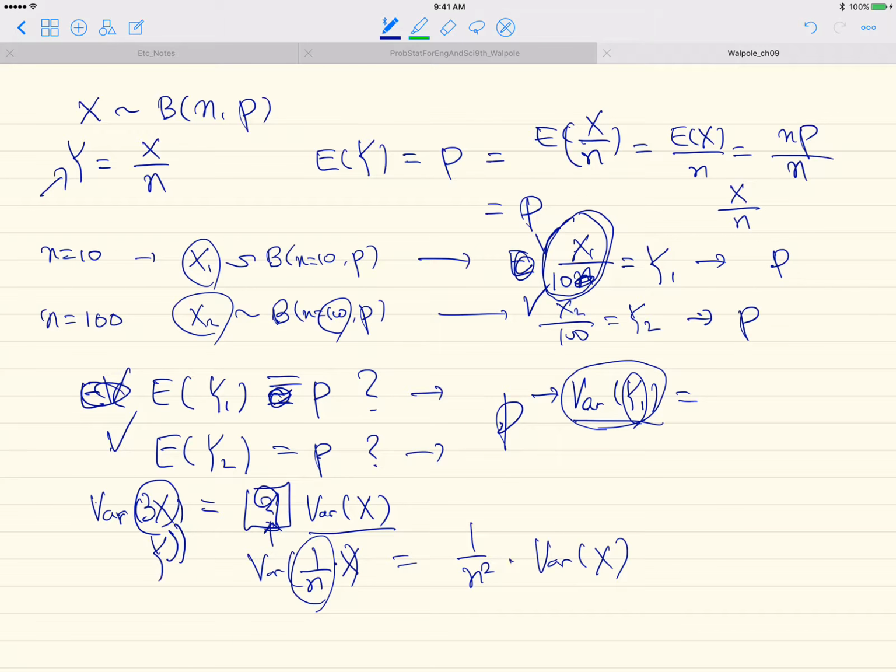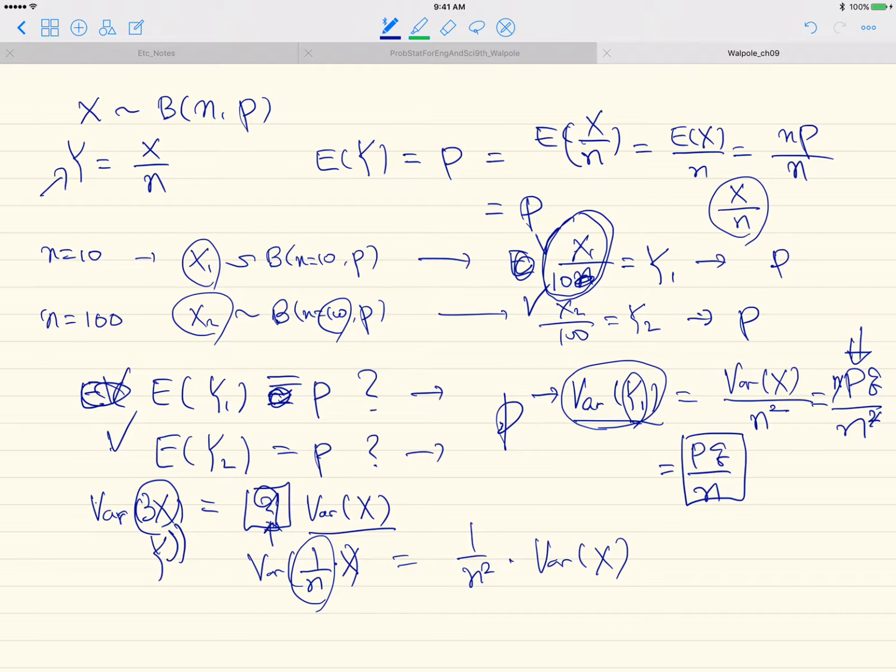So the variance of y1, or x divided by n, is the variance of x divided by n squared, and the variance of x is npq, which is just the variance of a binomial random variable. So we cancel one n in the numerator and the denominator, and the variance of our estimator is pq over n.